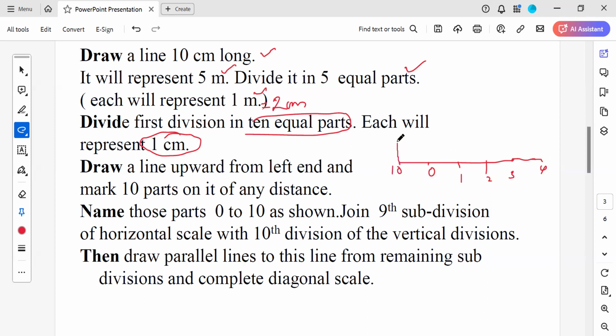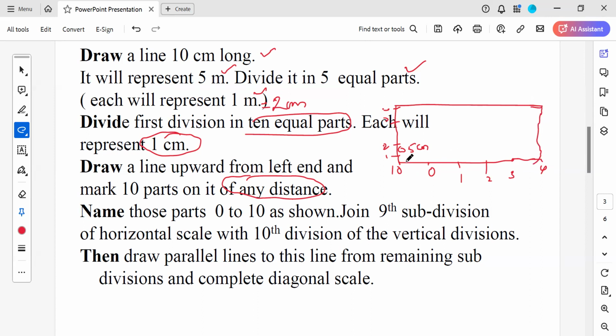At the end you make vertical divisions. Generally you can take any convenient distance, but generally you will take 0.5 centimeters for each division vertically, and thereby we will complete one rectangle like this.